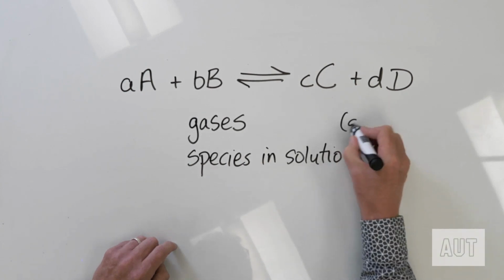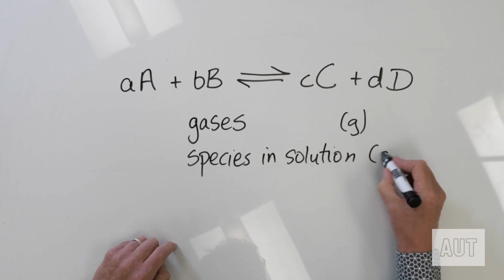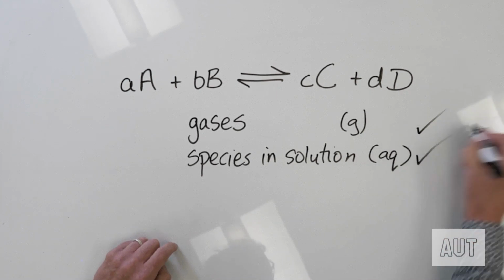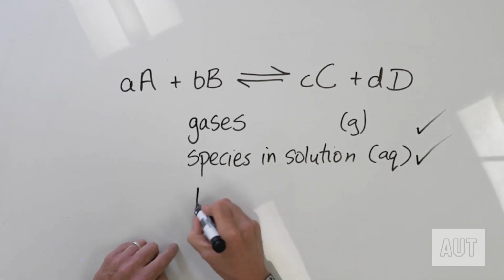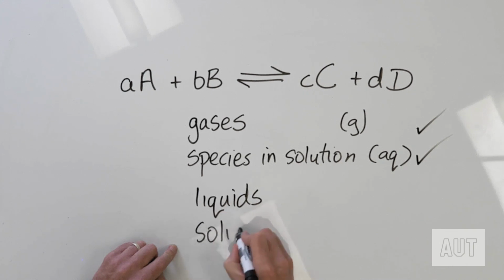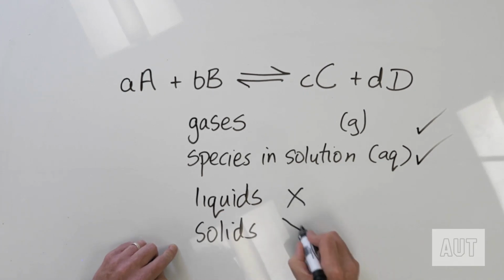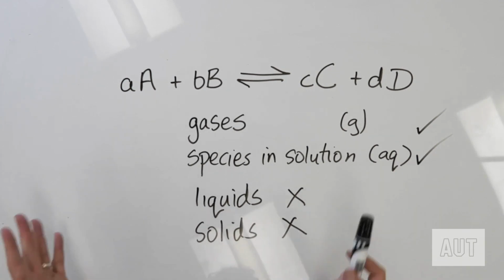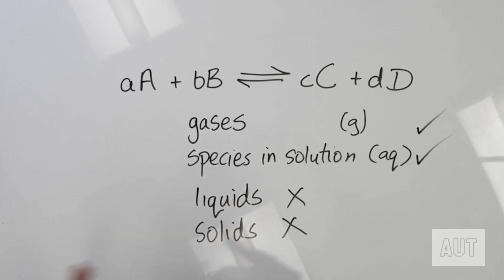So, in other words, gases, bracket G, species in solution, bracket AQ, meaning aqueous. So we put these in, that's all good. We don't put in pure liquids or pure solids. They are the big no-no. They do not go into equilibrium constant expressions. Okay, as I say, we will talk about that in subsequent videos.